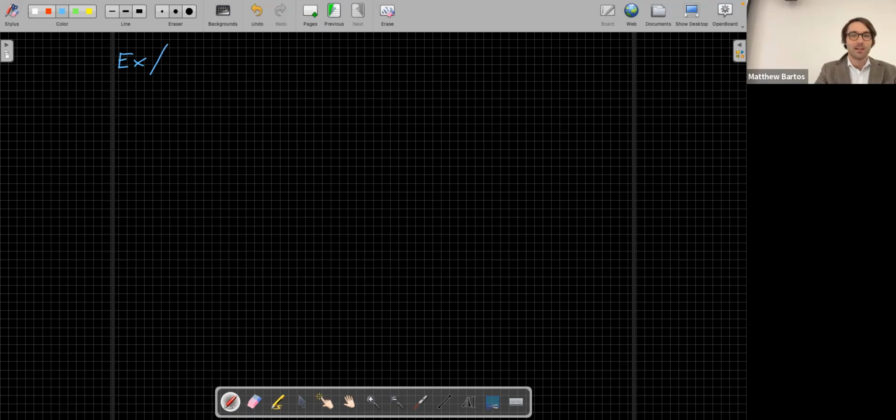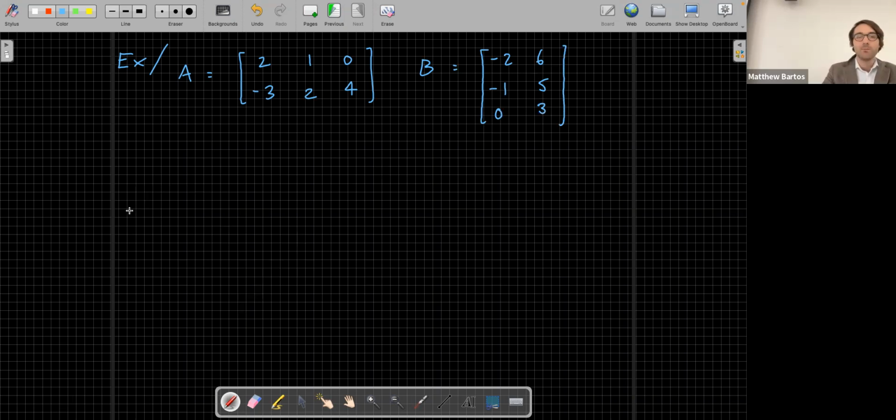Okay, so let's take a look at a quick example. We have the same A and B matrix from before. A is equal to 2, 1, 0, -3, 2, 4. B is equal to -2, 6, -1, 5, and 0, 3. Okay, so AB, again, we can define as the sum of these outer products.